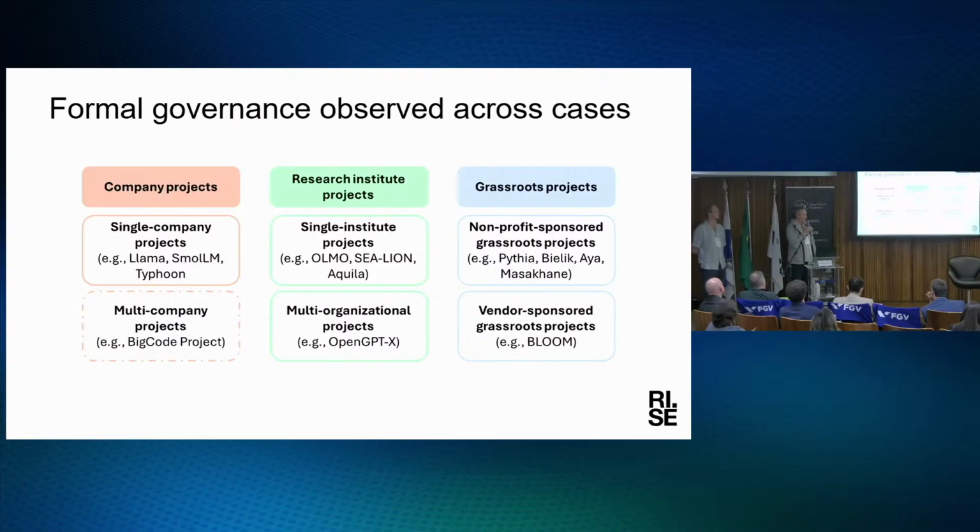And then for the more vendor-sponsored grassroots projects, we can talk about BLOOM, which is one of the maybe more famous open LLM projects. While it was very large and very grassroots-oriented, we can still talk about a vendor sponsor here in terms of Hugging Face, who was very involved in the coordination and everything.